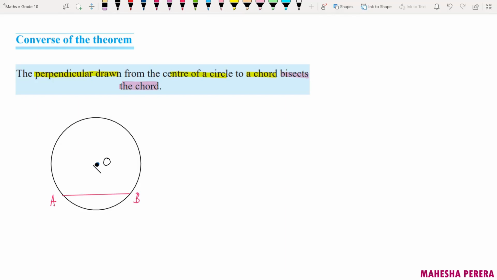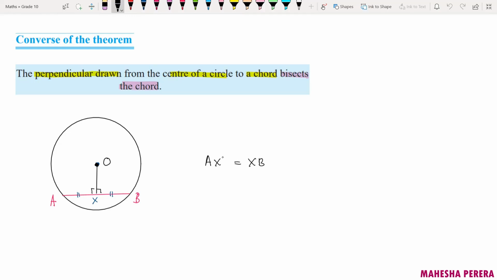Now this is our perpendicular line from center to the chord. So this is 90 degrees, this side also 90 degrees. Because of this perpendicular, our chord will be bisected into two equal parts. This length is equal to this length. Let's say X is our midpoint of chord AB. So according to this theorem, AX equals XB.